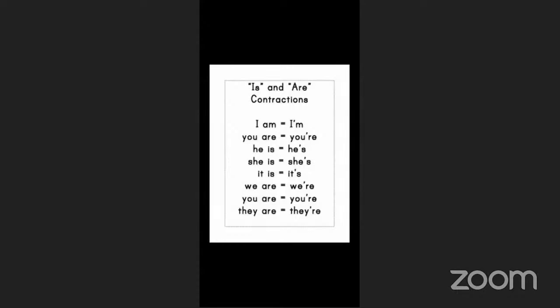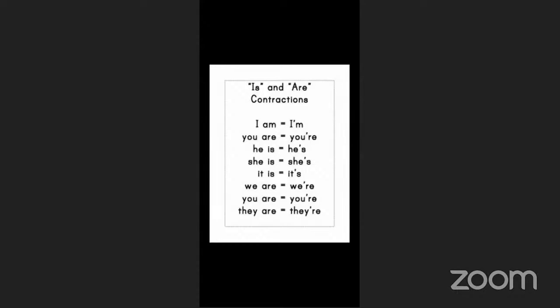As the song says on contractions, can you see how the apostrophe is used? Now we use the apostrophe to make shortened forms. We came across the first one in the song: I am, I'm.